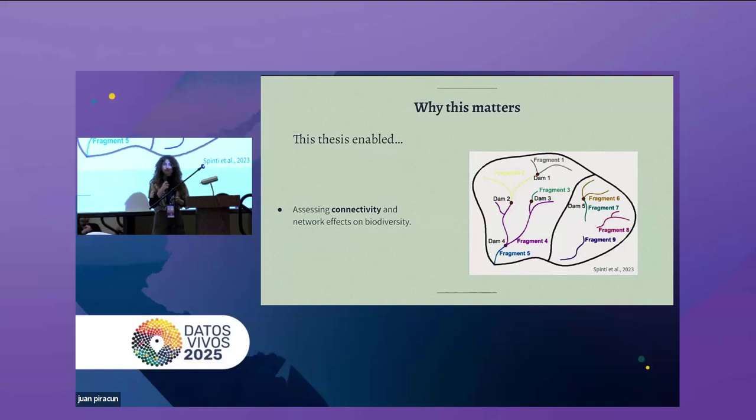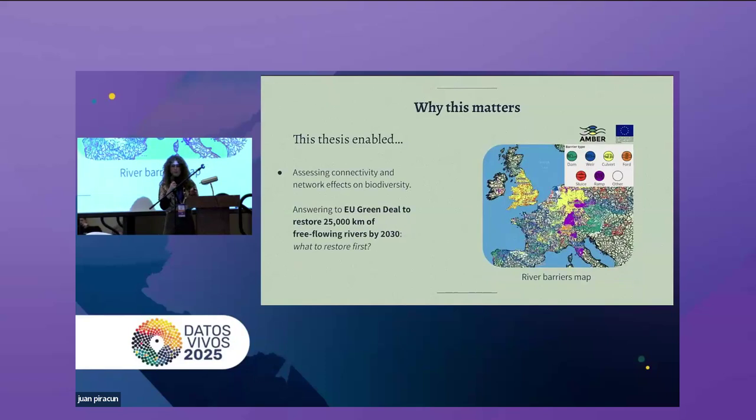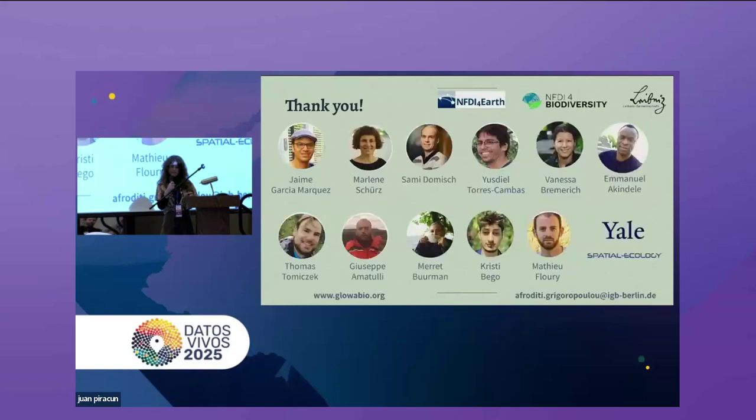And then the tools in Hydrographer help assessing connectivity, which is particularly important. In Europe, at least, we have this EU Green Deal to restore 25 thousand kilometers of free-flowing rivers by 2030. So there's the question of what to restore first and which barriers should be removed so that populations are better connected. So the tools we have created help in this kind of assessment.